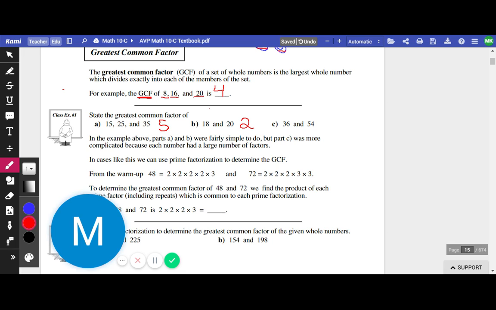Last one, you have 36 and 54. That's a little bit trickier. So try to write out the numbers that can divide into them. Okay? And you might be surprised that there's a bigger one than what you think there is. So I'll write out all the things that can divide into 36.